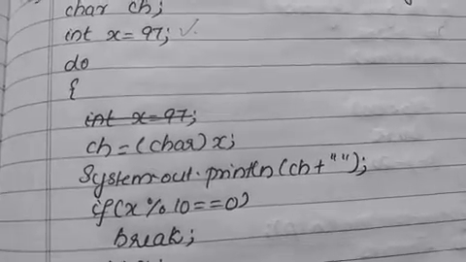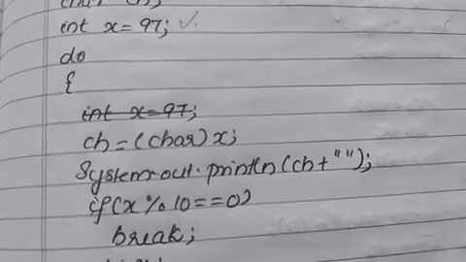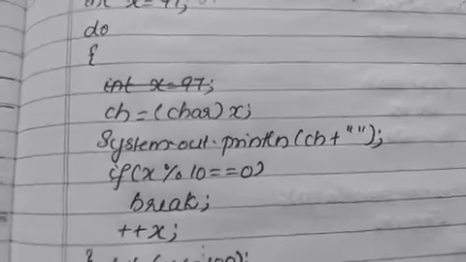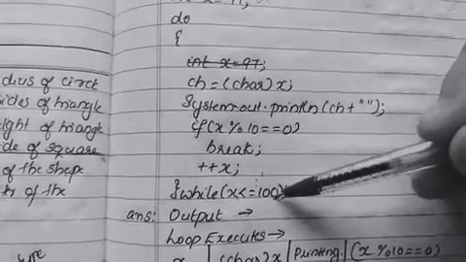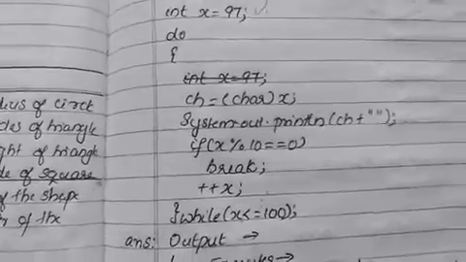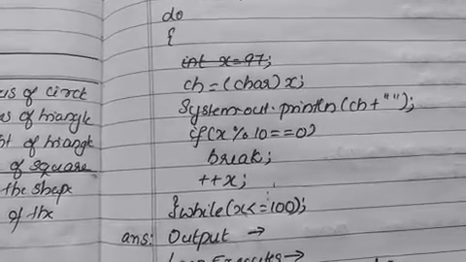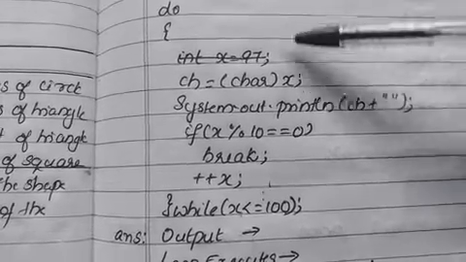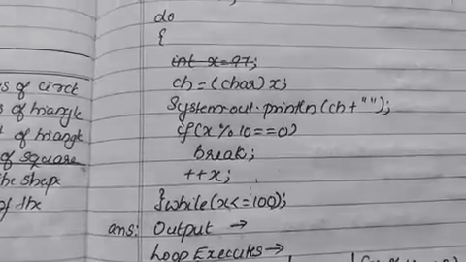But here, before checking the condition, we execute the block of code once. That is, up to this part we will execute once before checking the condition. Clear? So the do block will be executed once irrespective of the condition.